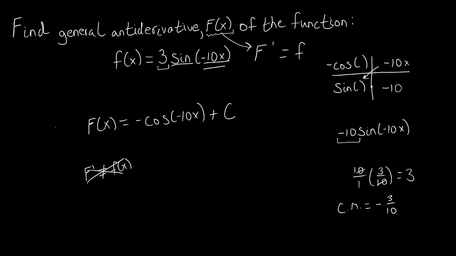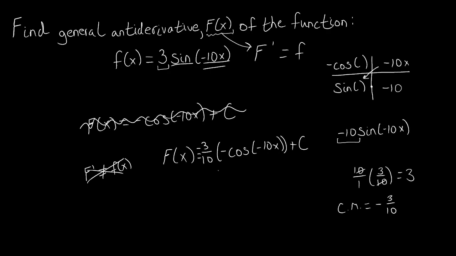We're going to ignore the original one because it's not completely correct, and rewrite it by bringing in that negative 3 over 10. So we have capital F of x equals negative 3 over 10 times negative cosine of negative 10x, plus this arbitrary constant c.